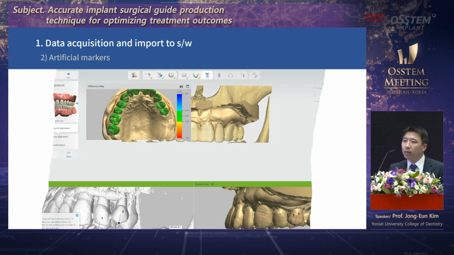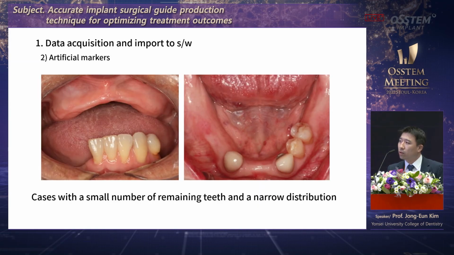Second issue is the issue of superimposition. I've talked about how merging is important. And when you merge, if there's a lot of teeth, as you can see, it is shown in green. So it shows that it is precise.